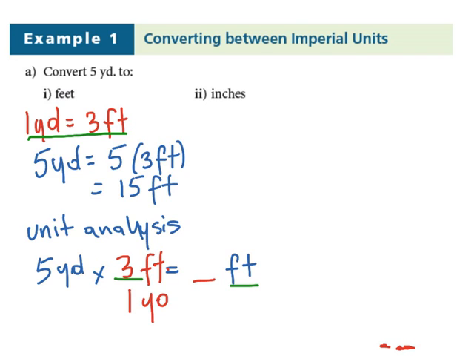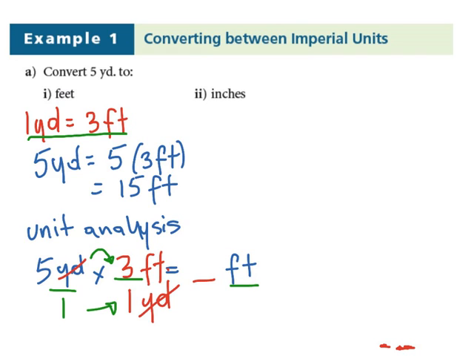Now initially when you look at this, it looks a little bit tricky. How do we get 3 feet out of this? Recall that when you're multiplying fractions, you always multiply the numerator with the numerator and the denominator, which in this case is just 1, with the denominator of the second fraction. When you do this, yards will cancel with yards, and the only thing that's left is feet.